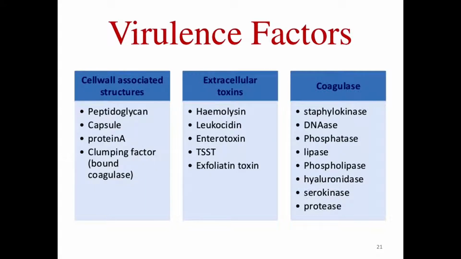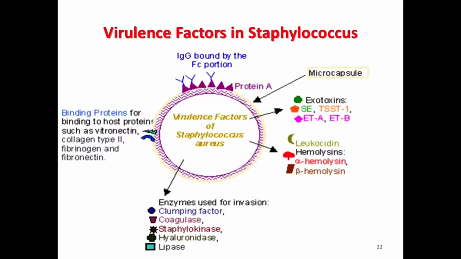And there is also enzyme activity: coagulase, staphylokinase, DNase, phosphatase, lipase, phospholipase, hyaluronidase, serokinase, protease, and others. So this is just one of the illustrations where we can see again the enzymes that are used for invasion. These are clumping factors, coagulase, staphylokinase, hyaluronidase, and lipase. All of these enzymes are used for invasion.